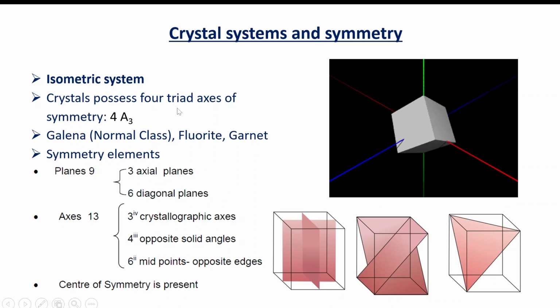The basic symmetry that should be present in an isometric crystal is the presence of 3-fold rotational symmetry, 4 in number. The other symmetry elements present in the normal class are 9 reflection planes, a total of 13 rotational axes, and also a center of symmetry.